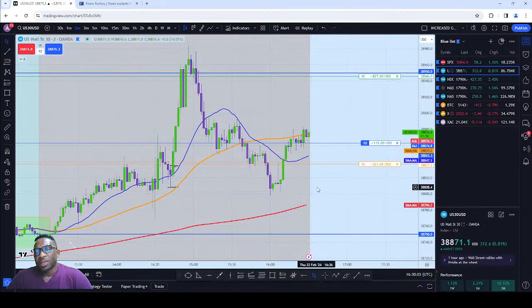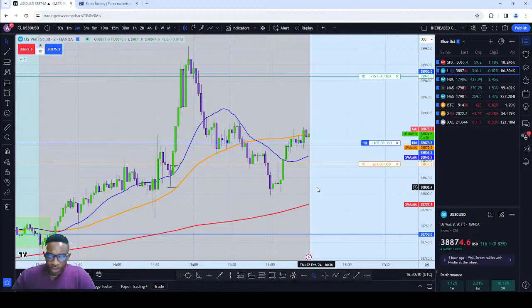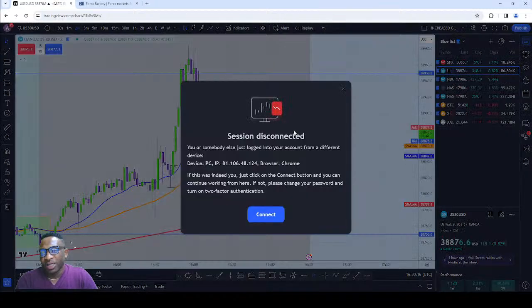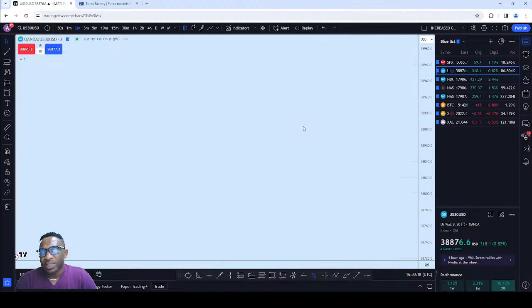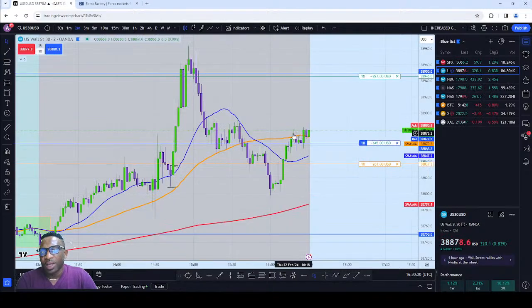So as it went into profit, from where it got to before, somewhere here, it hasn't actually beaten the previous record entirely. It just came around there and pulled back.